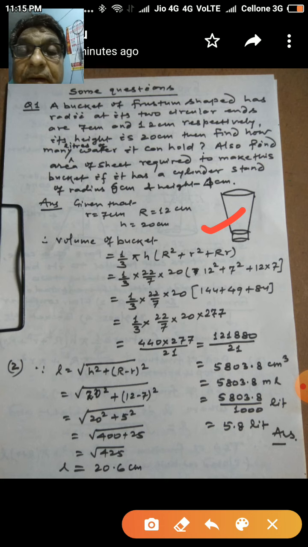So we can find the volume using 1/3 pi h (capital R square plus small r square plus the product of capital R and small r), and putting all these values we get 5803.8 cubic centimeter, which is equal to 5803.8 milliliter, because cubic centimeter is equal to milliliter.